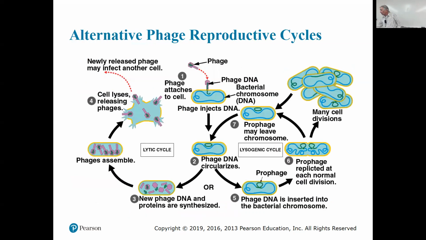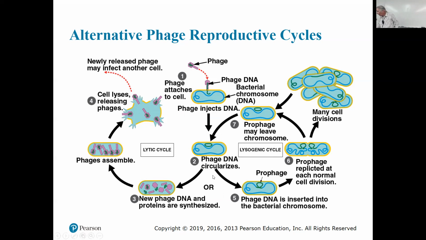Okay, so there are the two cycles. Here's a lytic cycle: it attaches to the cell, injects DNA, and new viral particles are made. The phage is the same. Cell lysis breaks the cell apart, sends particles to new places, and infects new cells.